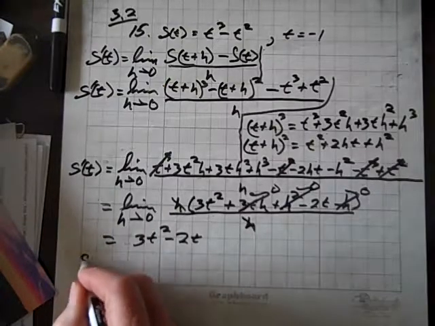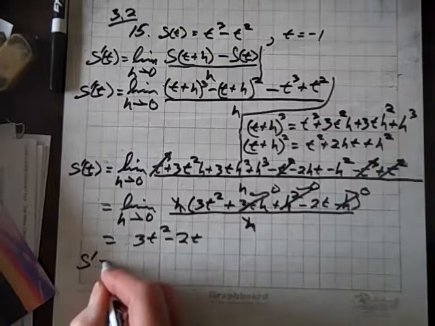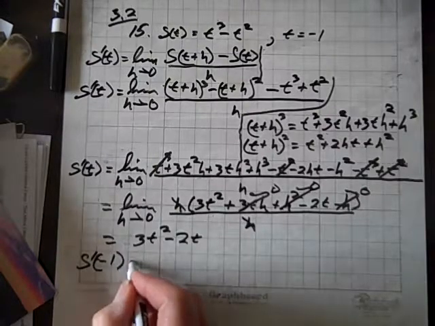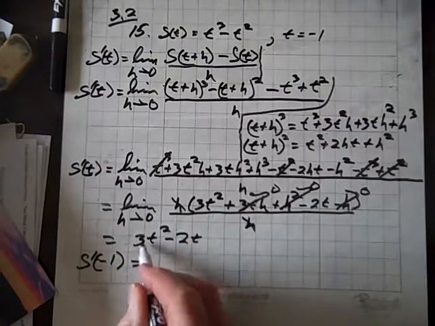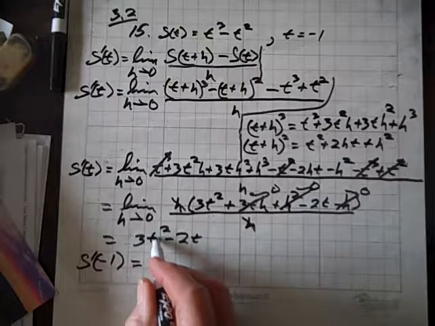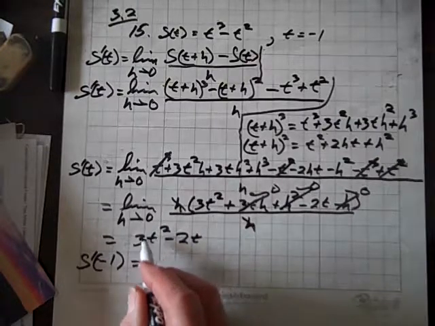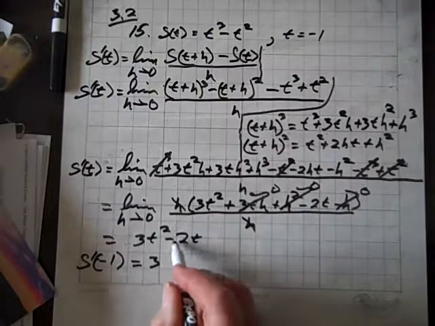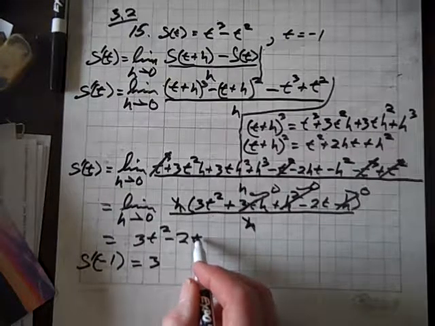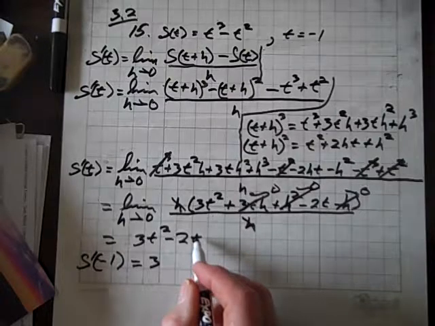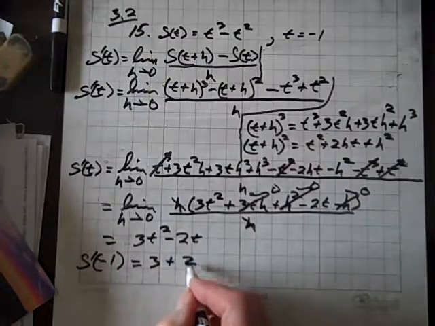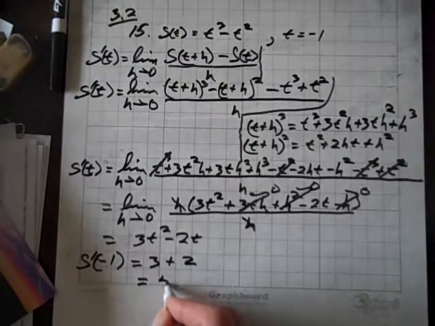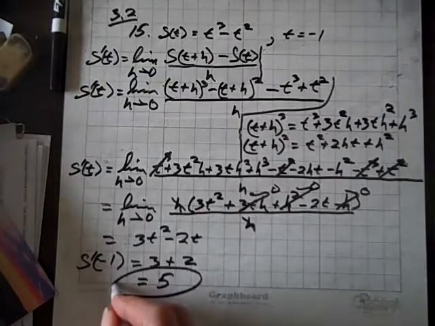So we'll look at s prime of -1, which equals 3 times negative 1 squared. Well, negative 1 squared is 1, and 3 times 1 is 3. Negative 2 times negative 1, because we install negative 1 in for t, is going to be a plus 2, and that equals 5. And we've got it.